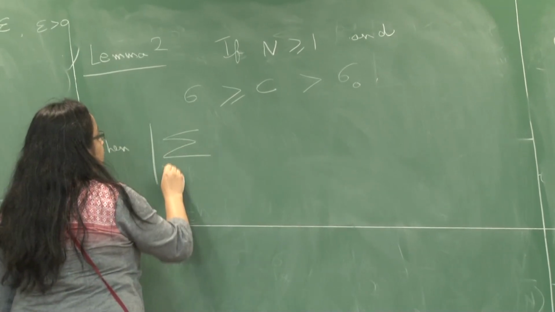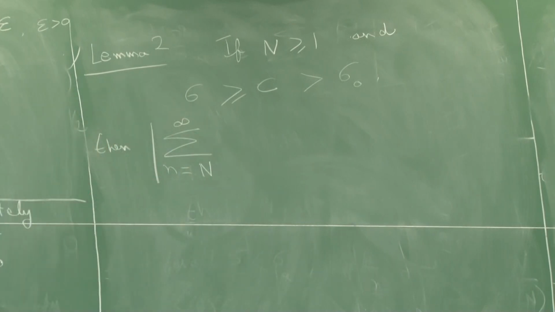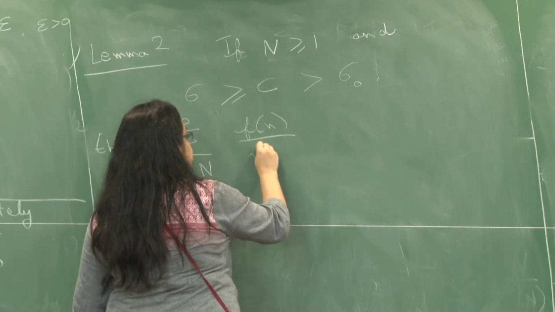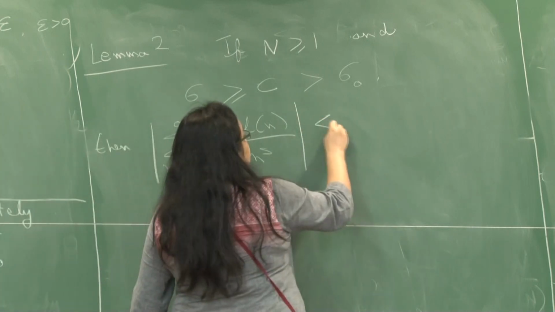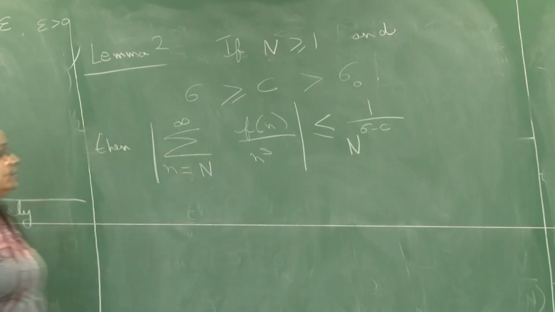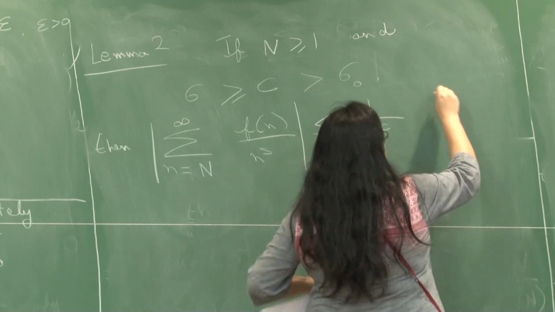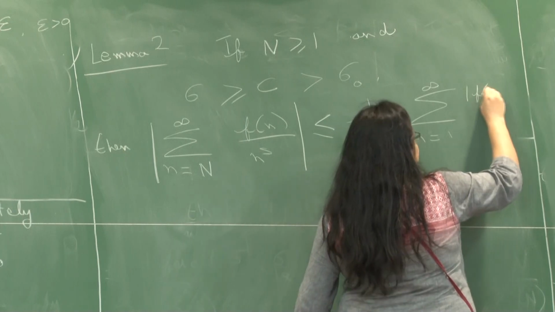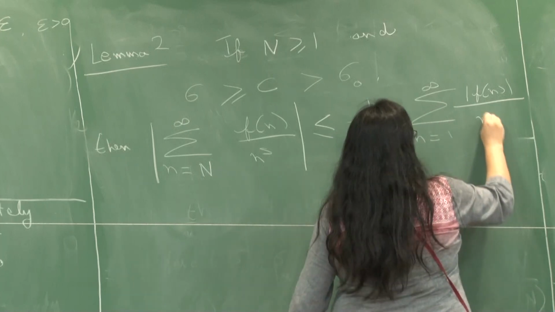summation as n runs from capital N to infinity of f of n over n to the s will be less than or equal to 1 over N to the sigma minus c times the summation of n going from 1 to infinity of absolute f of n over n raised to the c.